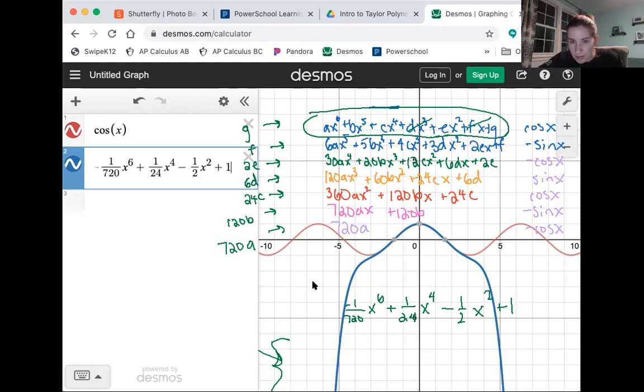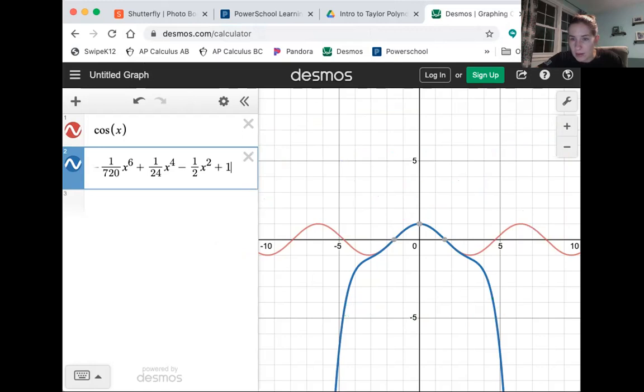So if you can see, I'm just going to make this a little bit bigger and get rid of all this writing. So you can see that this does a pretty good job of approximating cosine in its neighborhood.